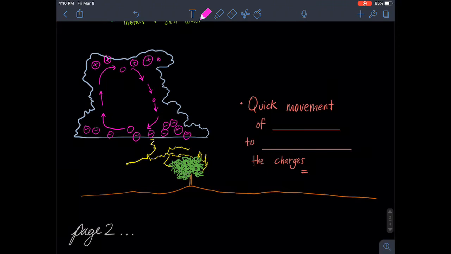So we end up creating our own little electric system here where the positives are on one side and the negatives are on another. So we have an overall positive in the top, an overall negative charge in the bottom. And so those negative charges, sometimes they'll jump back up and the electricity will go back into the cloud or another neighboring cloud.